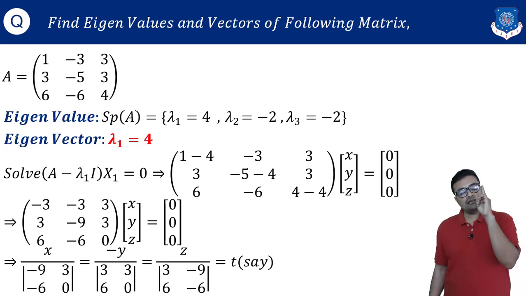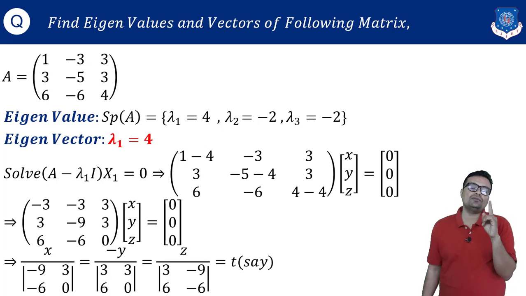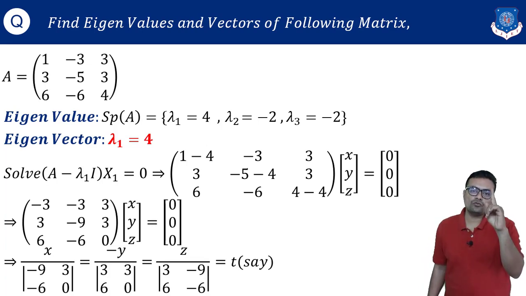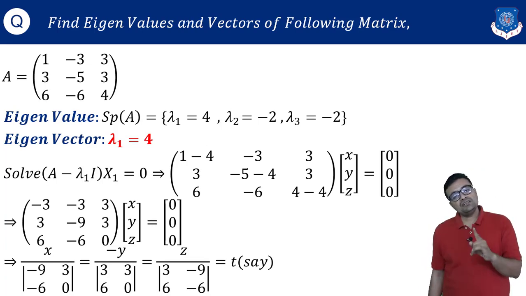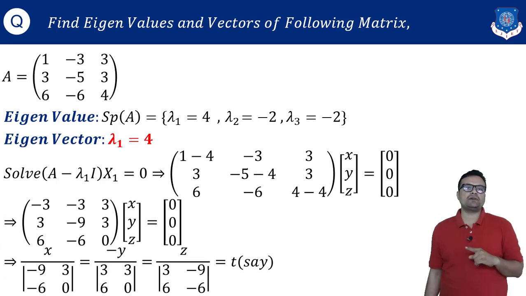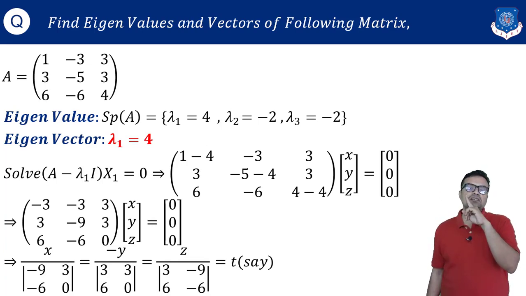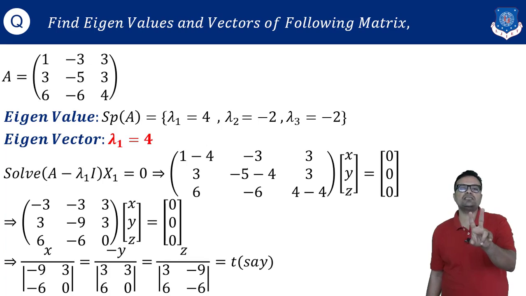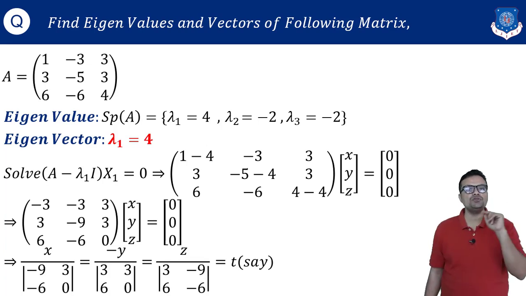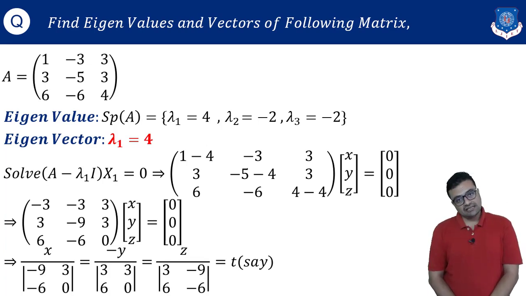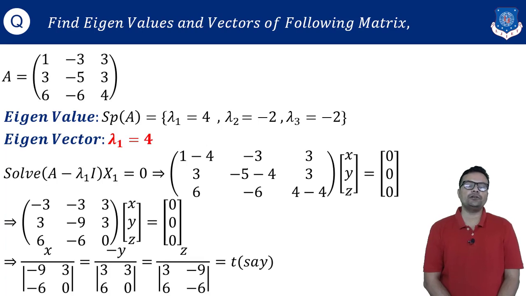So algebraic multiplicity of lambda 1 equal to 4 is 1. Minus 2 is appearing 2 times in the spectrum. So algebraic multiplicity for minus 2 is equal to 2. So there are two eigenvalues, 4 and minus 2, with algebraic multiplicity 1 and 2 respectively. Is it clear how to find algebraic multiplicity? It is nothing but the number of repetitions for the eigenvalue.